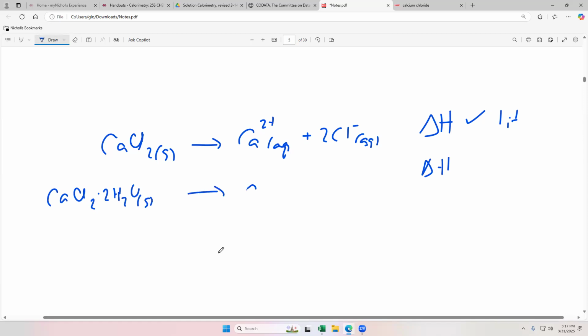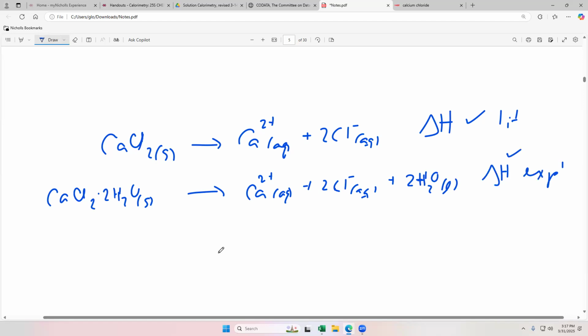And we dissolved it. We got calcium chloride aqueous plus 2 chloride aqueous plus 2H2O liquid.